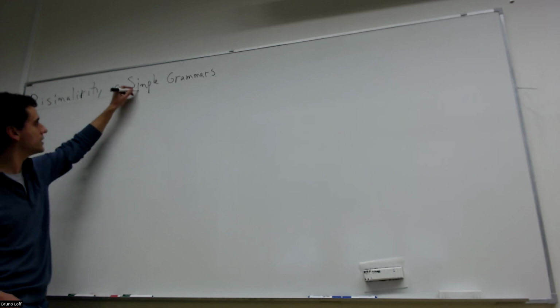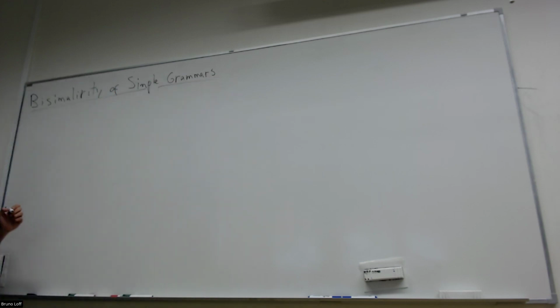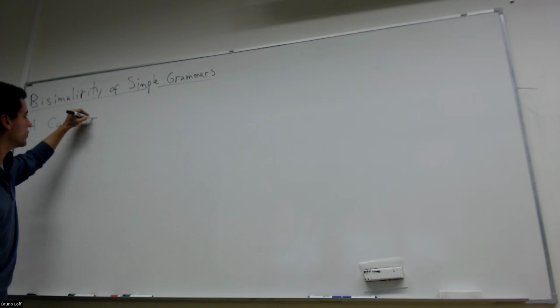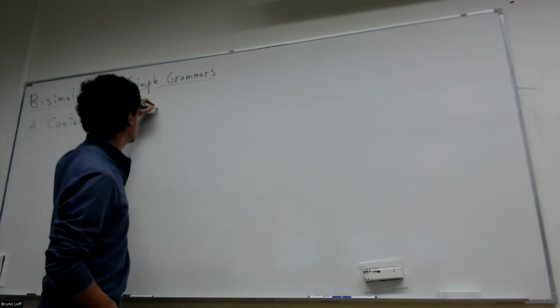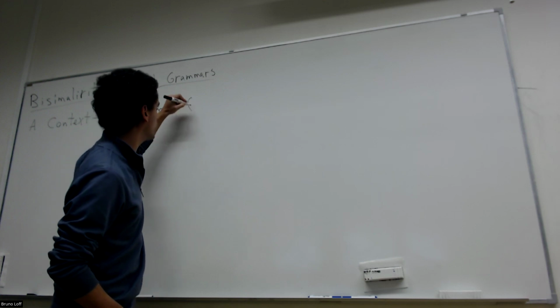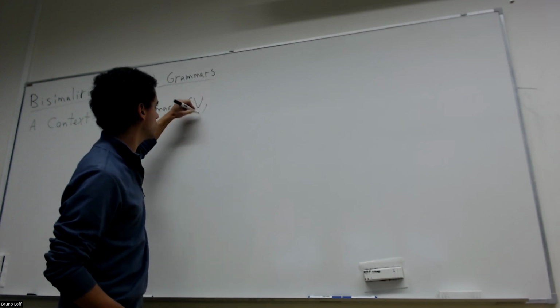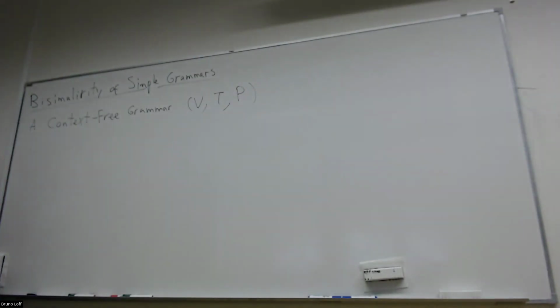So the problem is the following. Let me start by telling you what a context-free grammar is. So let's start with a more general notion, context-free grammar, which most of you should remember. So what do you need to define a context-free grammar? Well, essentially, we have to give three sets.